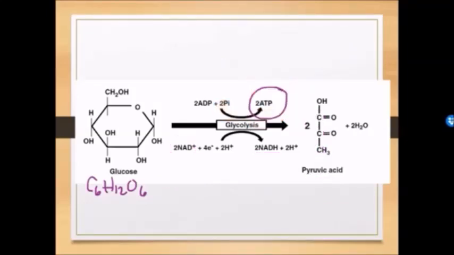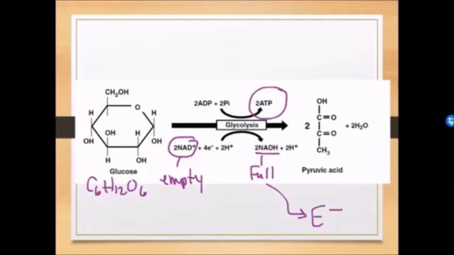We also know that we have to have incoming NAD+. So I hope we remember that this is our empty electron carrier. And it's good now to remember, where is this coming from? Well, at the end of our process, I hope we remember that all of our NADHs, those that are full, are going to go to the electron transport system, and they're going to drop off their electrons there, which means that coming out of the electron transport system, we have emptied out our NADHs back to NAD+.